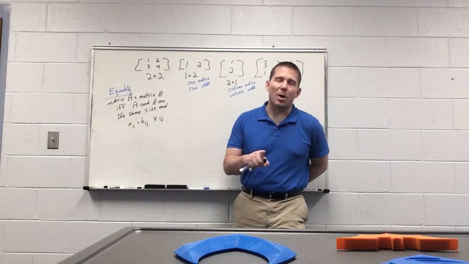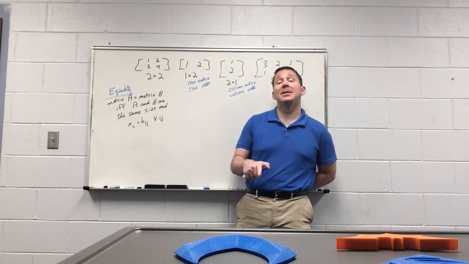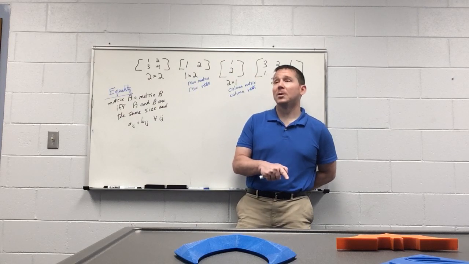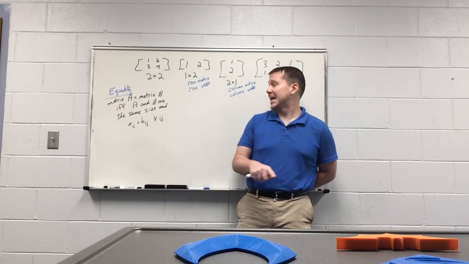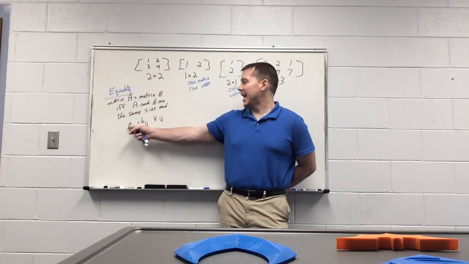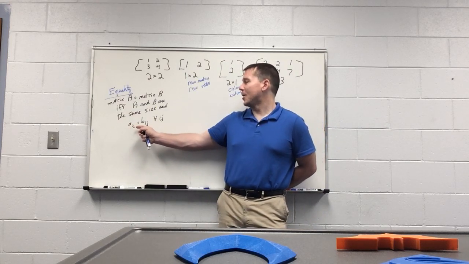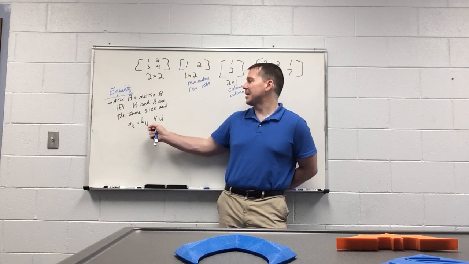So essentially, equality means exactly what we think it would mean. 2 matrices are equal if they are identical, if they're the exact same size, and if every entry, A sub ij, row column, equals B sub ij, row column.